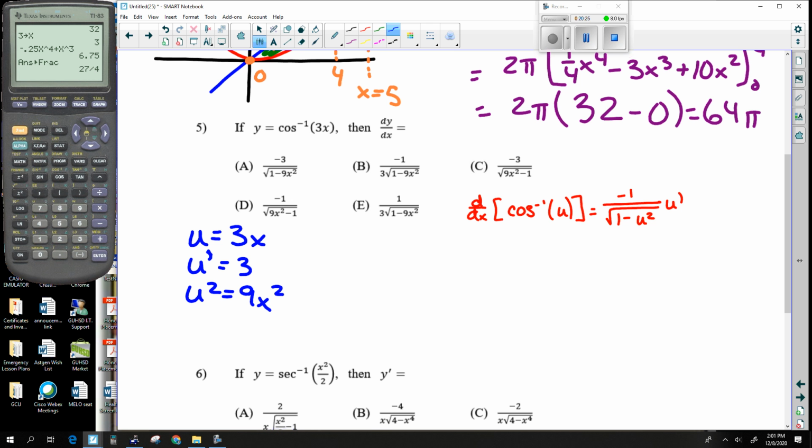So this derivative ultimately is going to be equal to the square root of 1 minus u squared, all underneath negative 1 times u prime, so that's going to be all under negative 3. Easy peasy lemon squeezy.